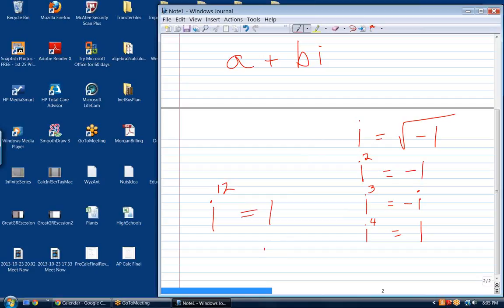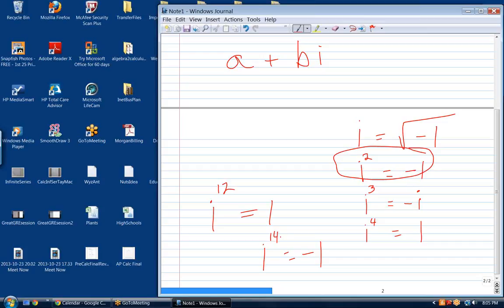What is i to the 14th equal to? It would be this one here, -1. In other words, you take out all the multiples of 4.